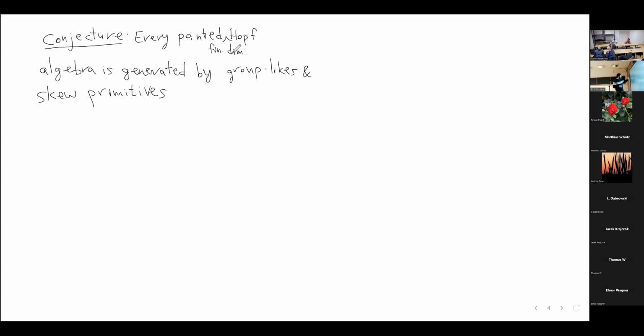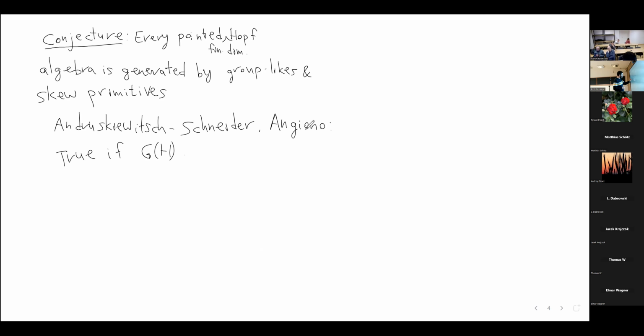And here's the main result that they proved: the conjecture is true if the group of group-like elements, which I will write as G(H), so let me just write that, it's all g such that delta of g is g tensor g, is abelian.